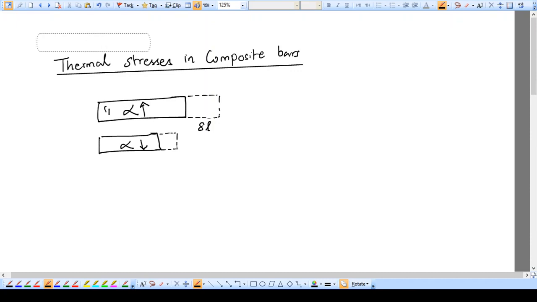Consider this as body 1 and this as body 2. The change in length of this body is delta L1 and this is delta L2.